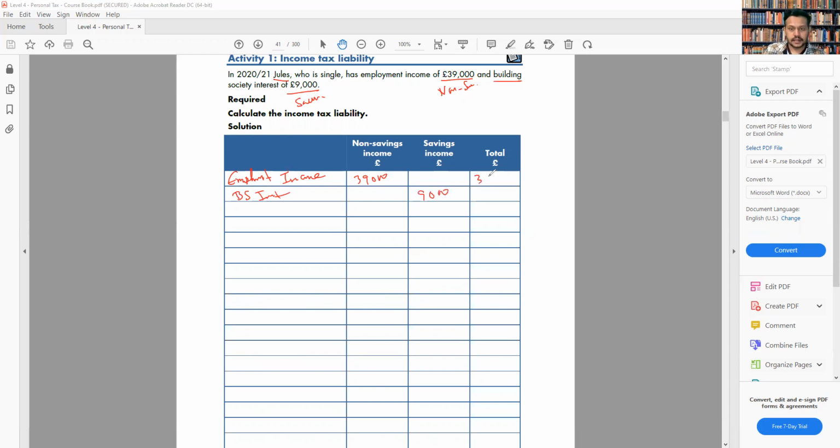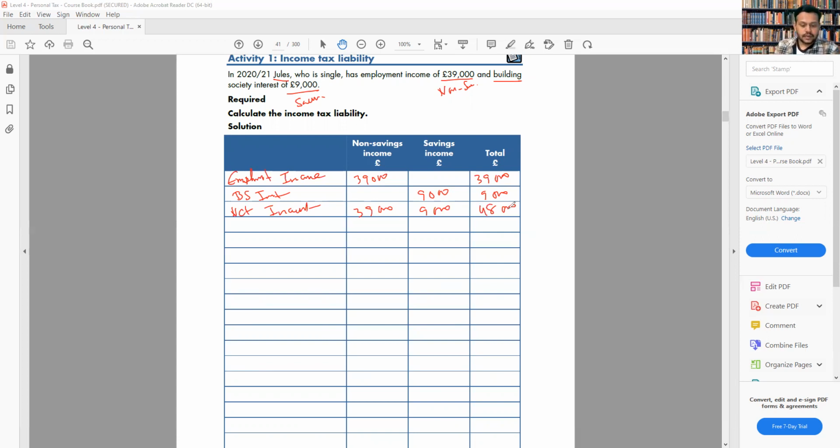And we have a net income, there is no adjustment for the PPC. It's a net income. So this is 39,000, this is 9,000, and the total is 39 plus 9, 48,000.